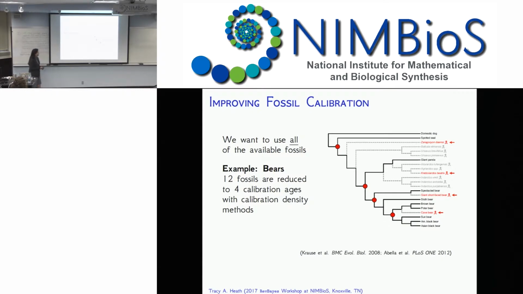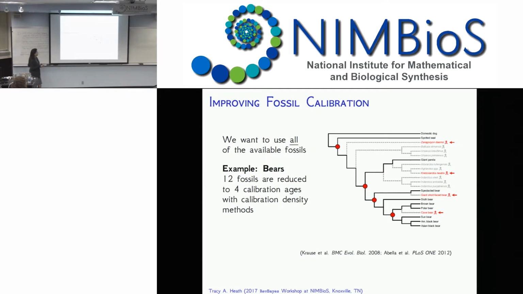So, in this example from the bears, you only applied this fossil as a calibration, but there are several other bear fossils that we can look to for our analysis. And if we use any of these as calibration densities, we take all 12 of these fossils. Are there 12 fossils?